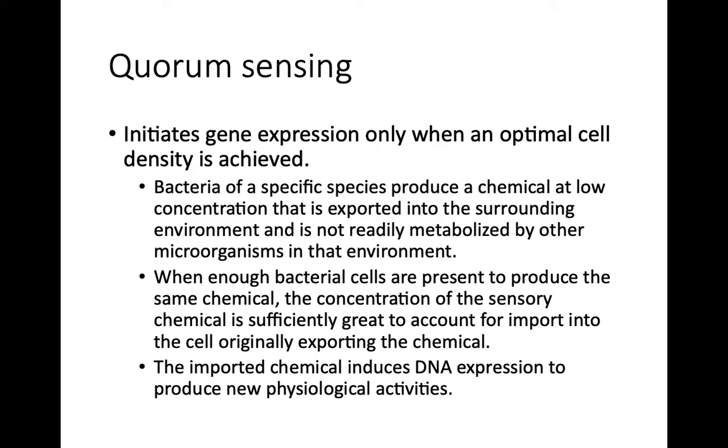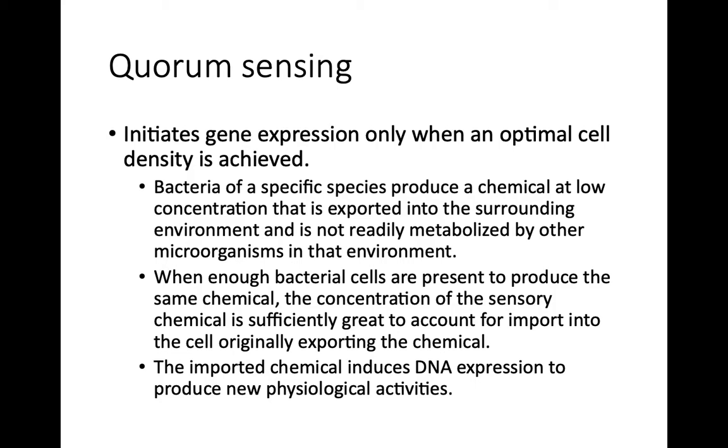So how does it happen? Initially, low numbers of bacteria of a specific species will produce the autoinducer, the chemical, at low concentration, and this chemical is exported outside. It's secretory, so it will go outside the cell, and then it will stay in the surrounding environment.